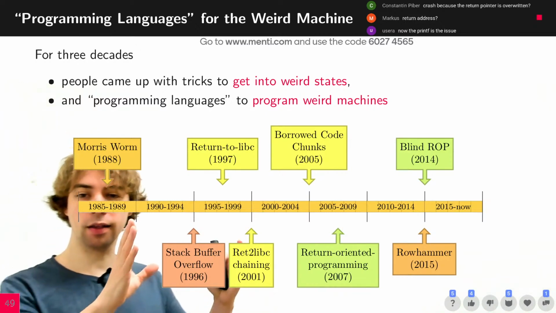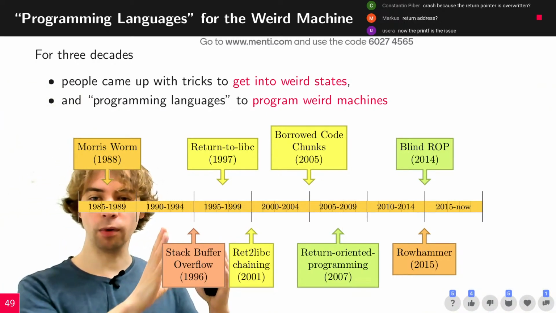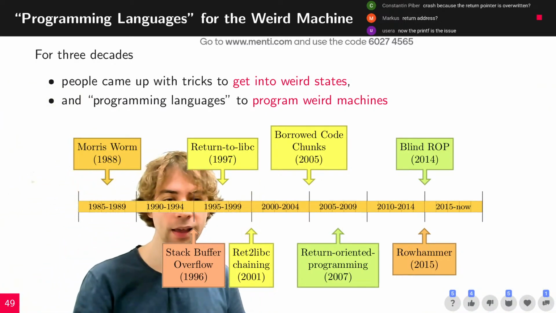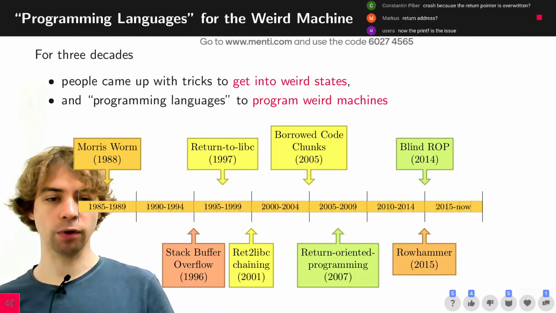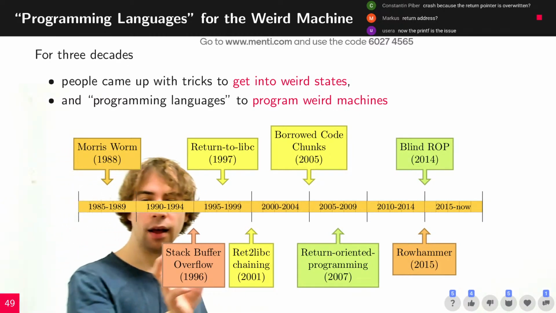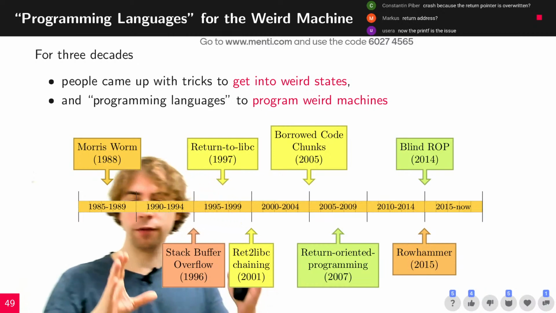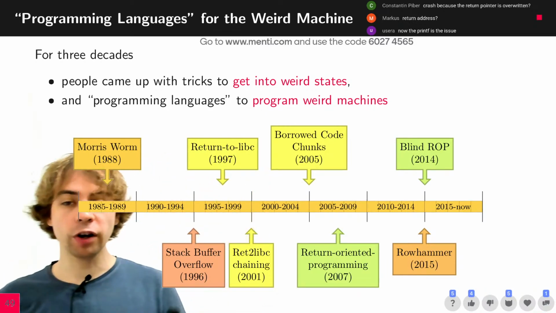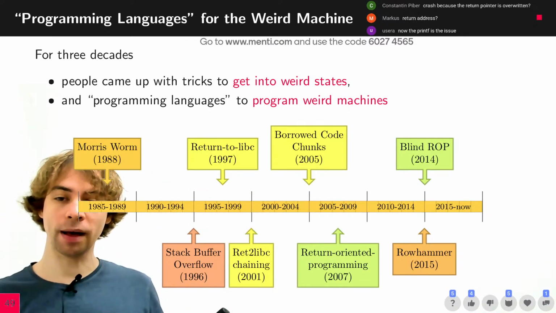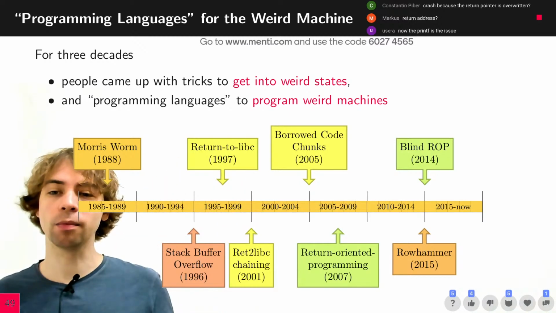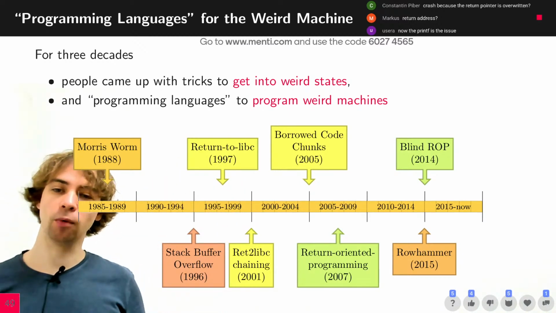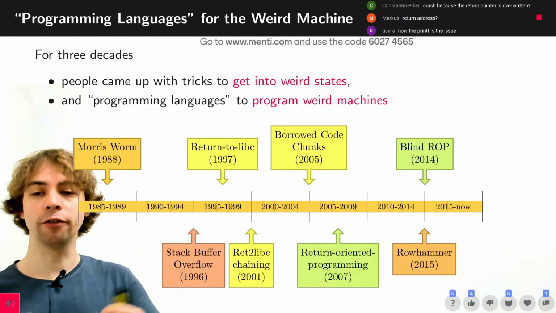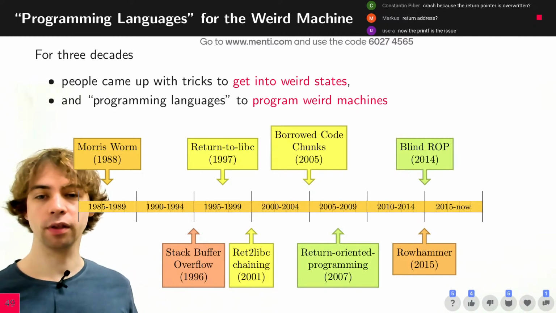And then we had stack buffer overflows here. We had return to libc. That was a bit later. And then this developed. So if you think about it, return to libc, we return to the same state, print the password function. Return to libc is more general, where you say, well, I return to some function in the libc, for instance.